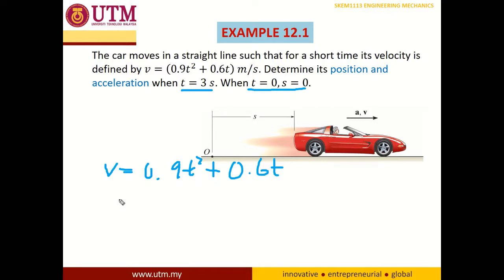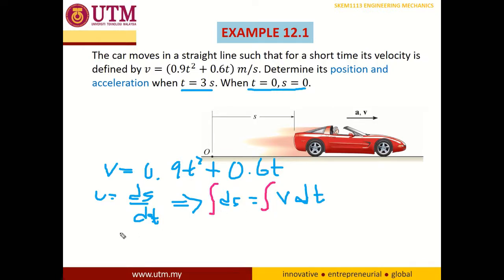We know that v equals ds over dt, so to get s we manipulate it to ds equals v dt. Based on the previous slide, to get the position we have to integrate this equation.